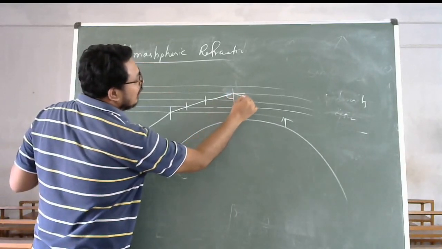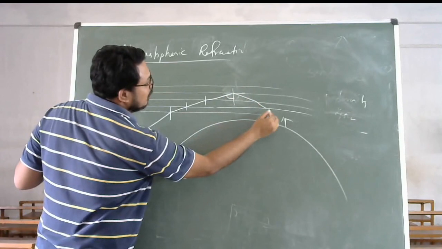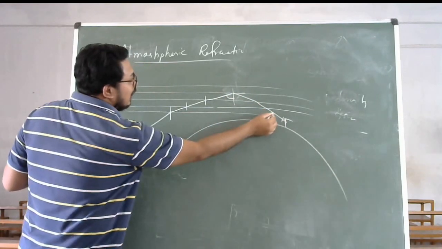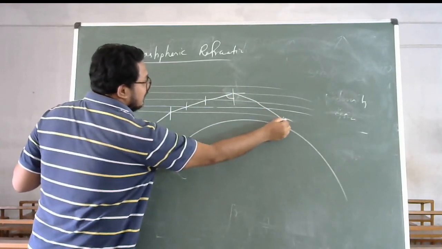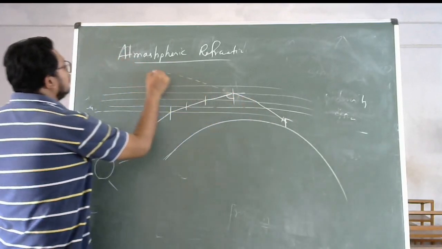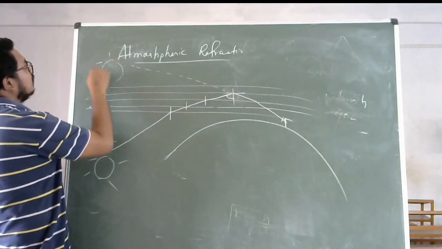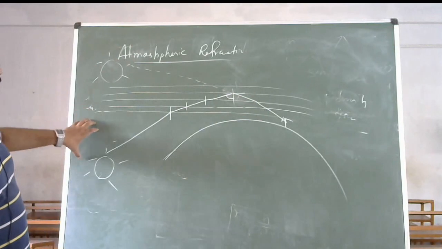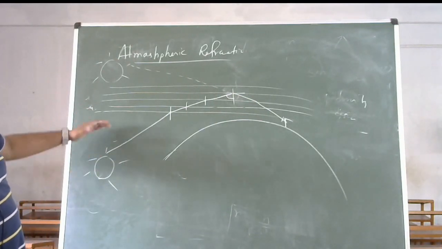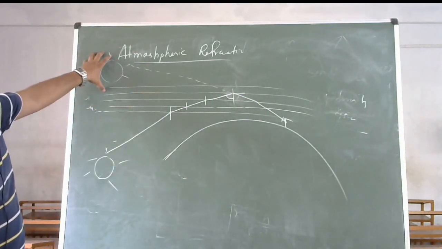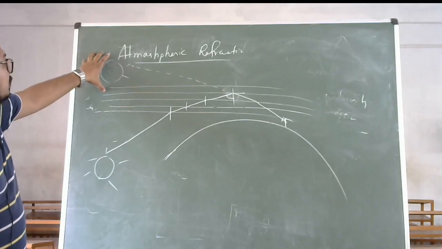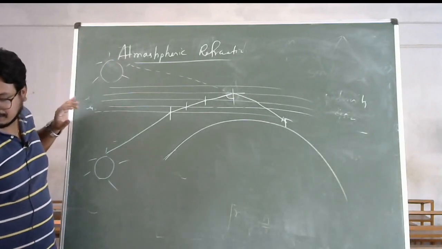Again, it will reflect back. The way it has gone, same way it will reflect back. Now, this person will see the light is coming from here. That means you will see the apparent shift. The sun during sunrise, sunset, sun is already down, but you will still see that sun is there. Clear? That is the atmospheric refraction.